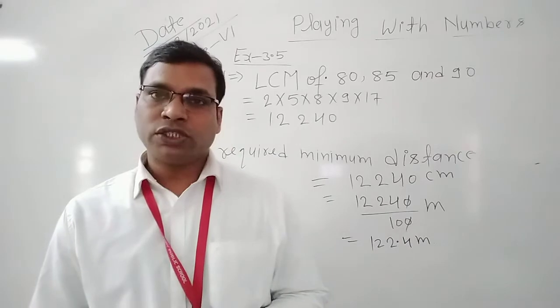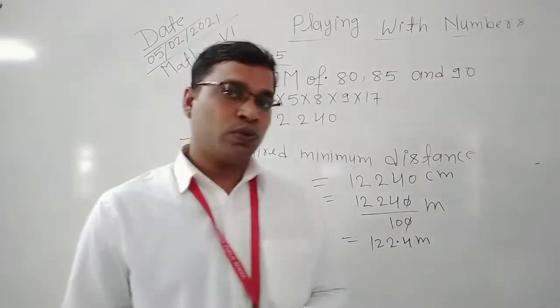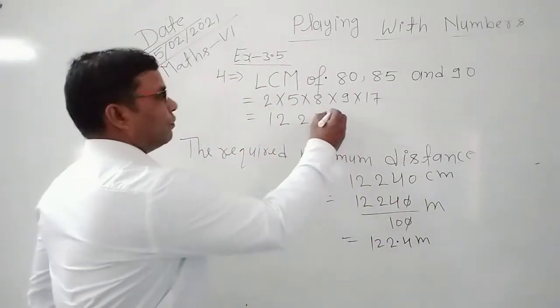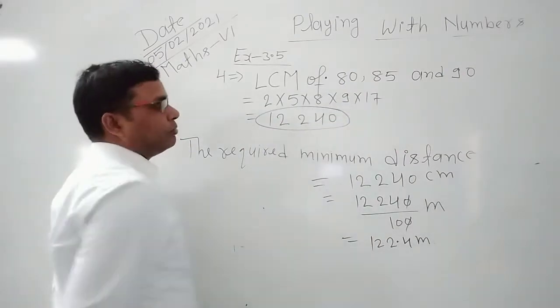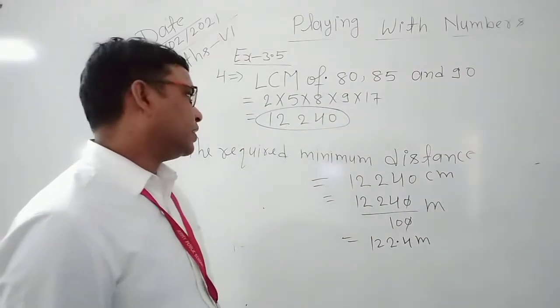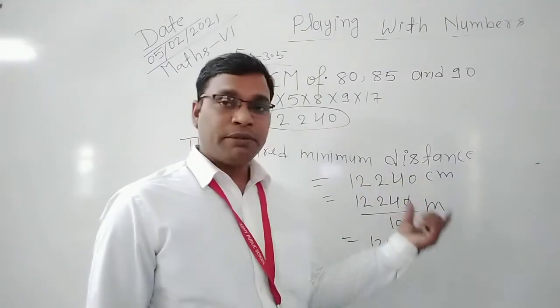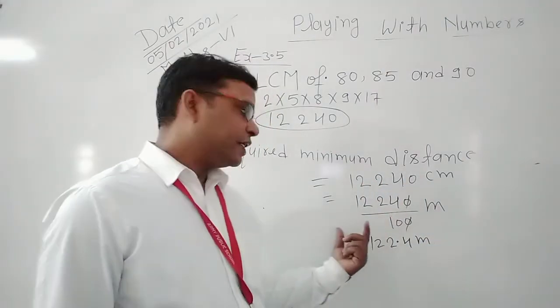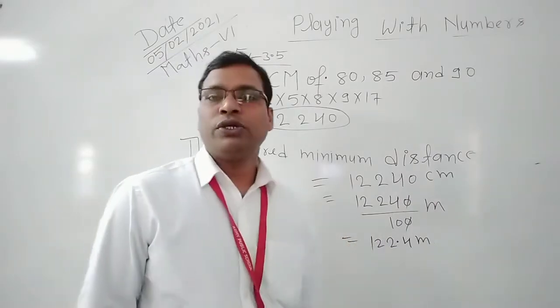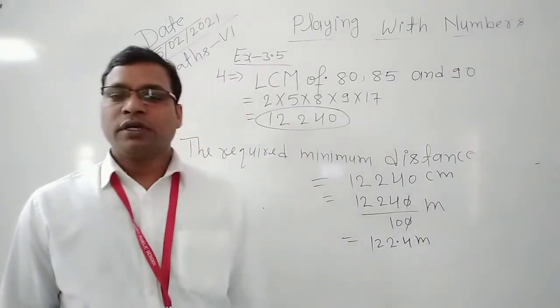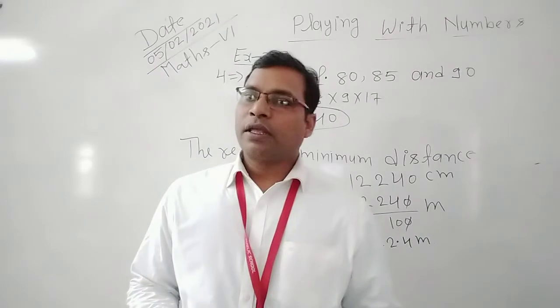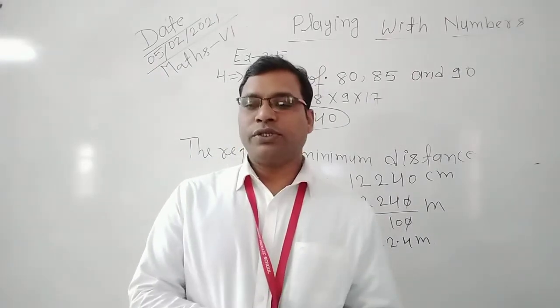This is equal to 12,240. Here we find the LCM by the division method. This is the required distance in centimeters. You can also convert it into meters. This is equal to 122.4 meters. So student, I hope all of you understood these questions.